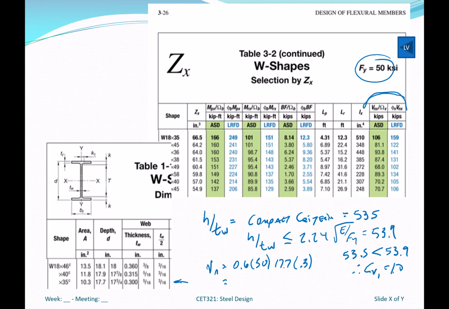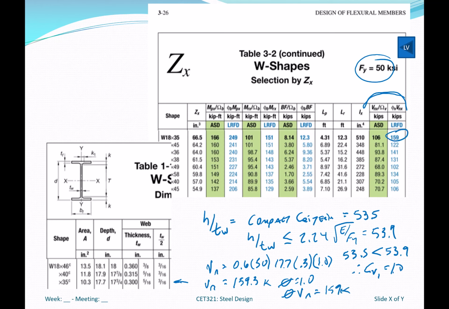So 0.6 times 50 is 30 times 17.7 times 0.3, and then again, I technically multiply this by 1, which is my C sub V, and I get a V sub n of 159.3 kips, and I know phi is 1.0, so phi V sub n is also 159 kips.